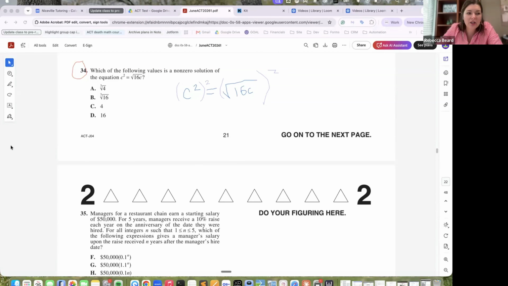And what that is going to look like is c to the power 4 equals, and then over here, that is going to just leave 16c. Obviously, you're not done. What you need to do next is divide by c, which is going to be c to the power of 3 because of the subtraction rules for exponents. And that's going to be 16 there.